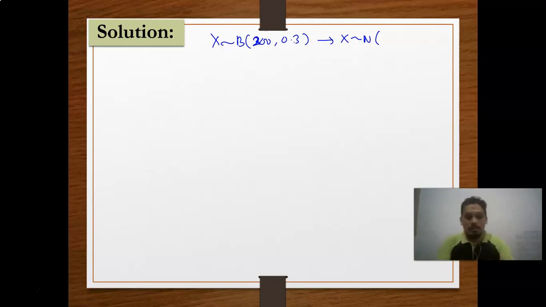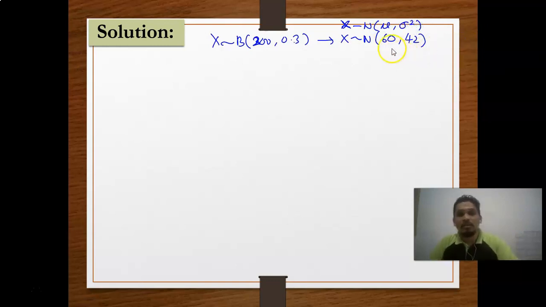Okay, so 200 multiplied by 0.3 equals 60. And multiplied by 0.7 equals 42. So x is normally distributed with mean and variance.